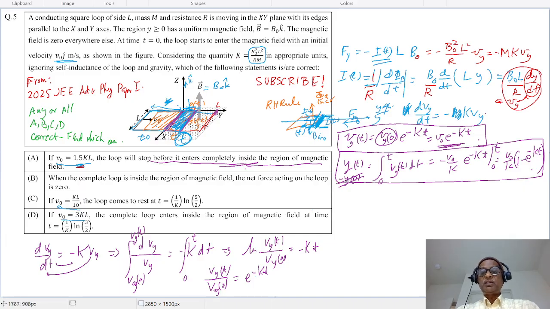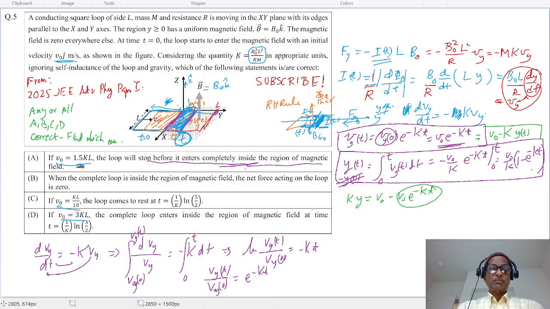We could do another integration, but we've already done enough integration, so I'll just say k y equals v0 minus v0 e to the minus kt. So this part is equal to v0 minus ky. Okay, so we have enough, and so we should be able to answer all the questions from this.